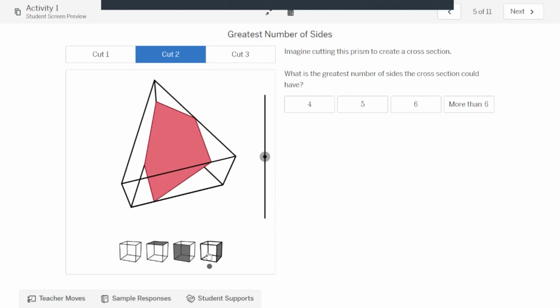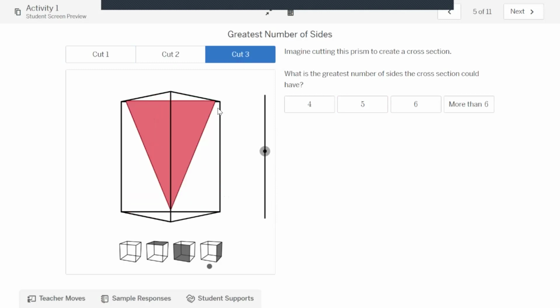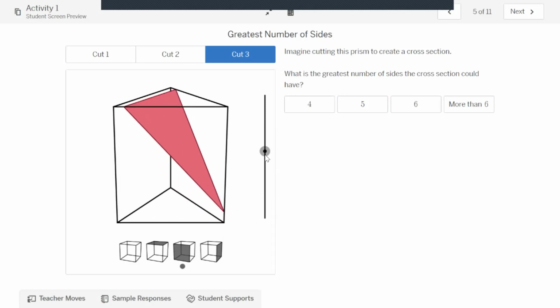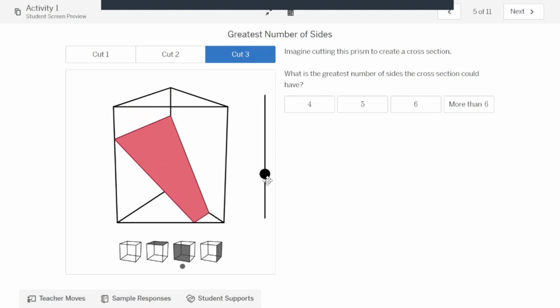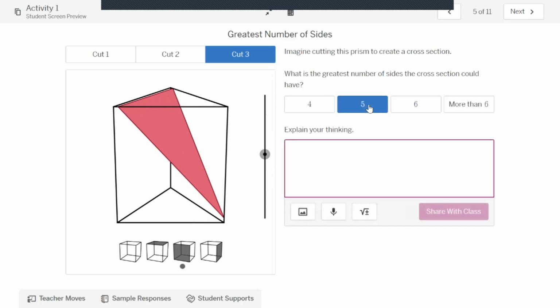What about this? Yep, it's 5 sides. Well, this one, I don't know. There's 4, 3. I think the greatest number is 5.